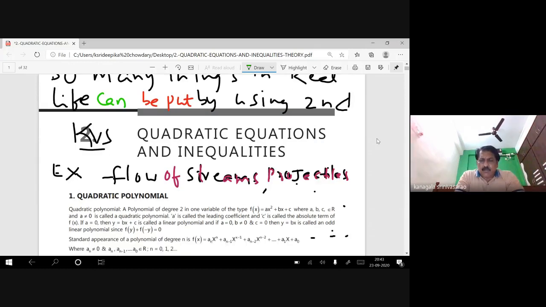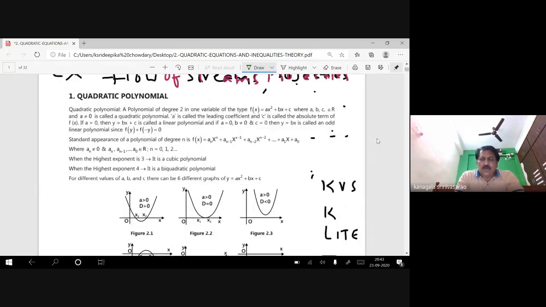Before going further, what is a polynomial? What is the notation for a polynomial? In general, an nth degree polynomial can be denoted by f of x, that means a polynomial in the variable x. f(x) = an x^n + an-1 x^(n-1) + an-2 x^(n-2) and so forth, up to a1 x^1 + a0 x^0.